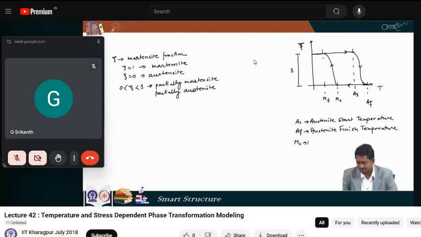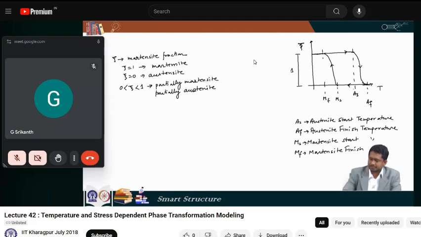And then we have MS, that is called martensite start temperature, and then we have MF, and that is called martensite finish temperature.